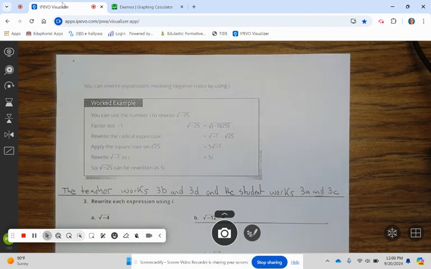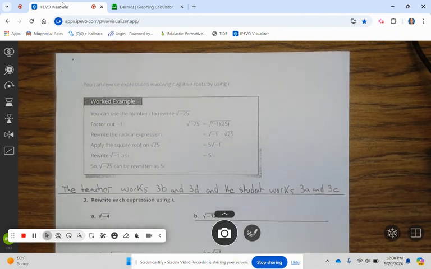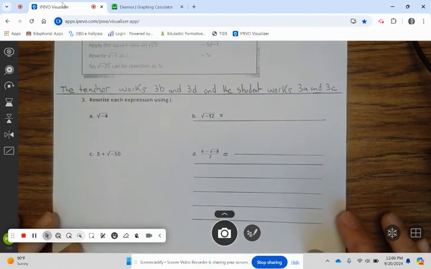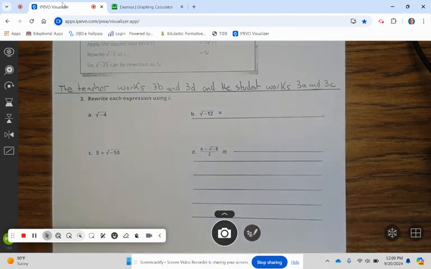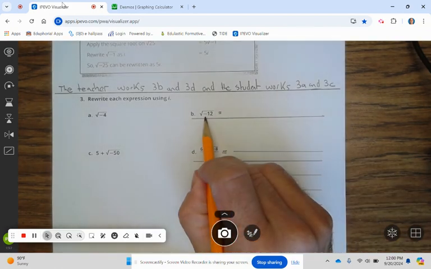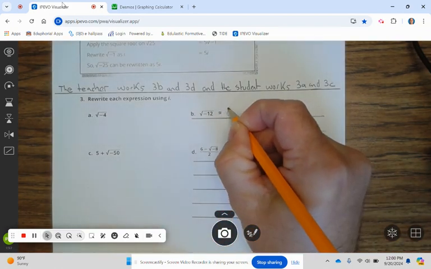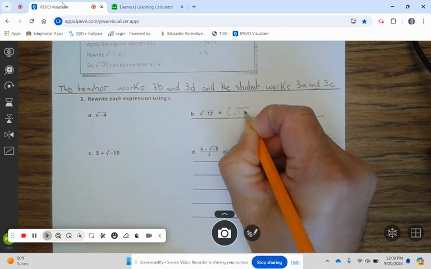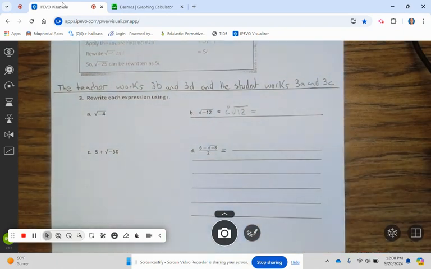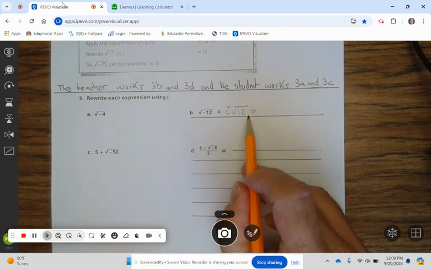All right. You can look over and read over the worked examples if you like. The teacher works 3B and 3D, and the student works 3A and 3C. Okay, so B. The square root of a negative number is imaginary, so that can be rewritten as i square root of 12. But the 12 can be simplified.